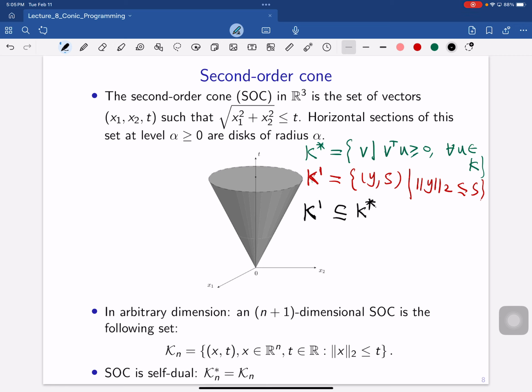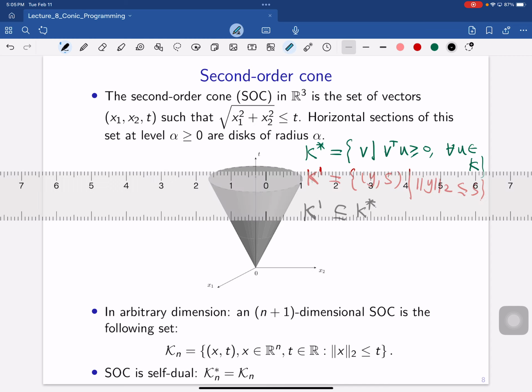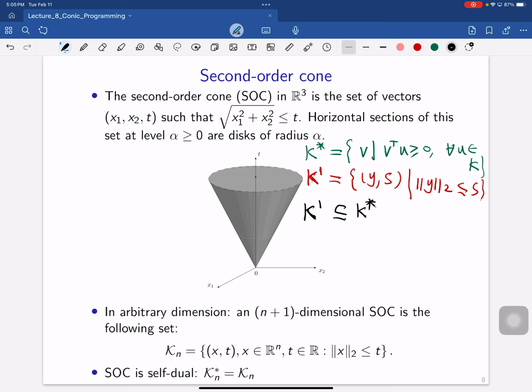How do we show K1 is a subset of K star? The idea is you pick any point in K1, and it must have a non-negative inner product with any point you pick from Kn. That's by definition. So let's say we pick any arbitrary point y and s in K1.